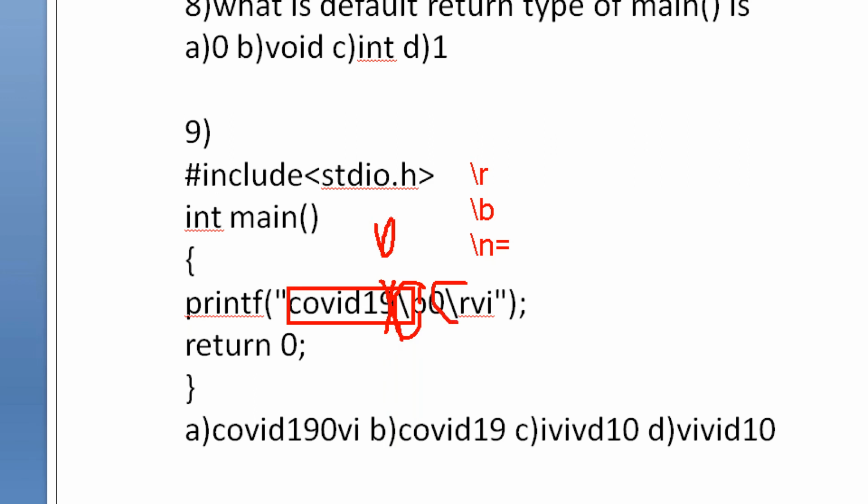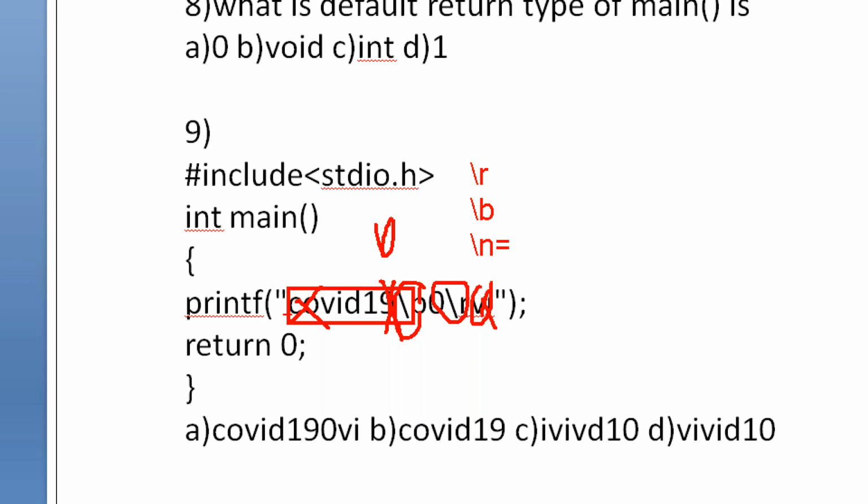And what does backslash r mean? After the backslash r, if there are two characters, these two characters are replaced with the starting ones. If only one character comes after backslash r, that character is replaced with the starting first character.